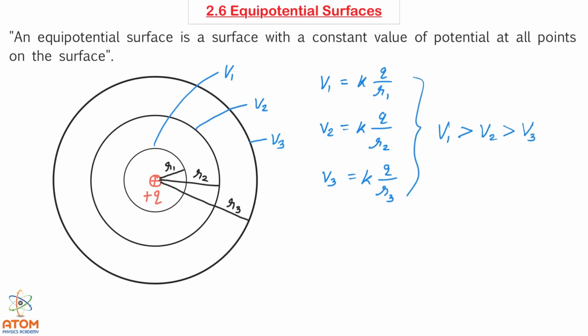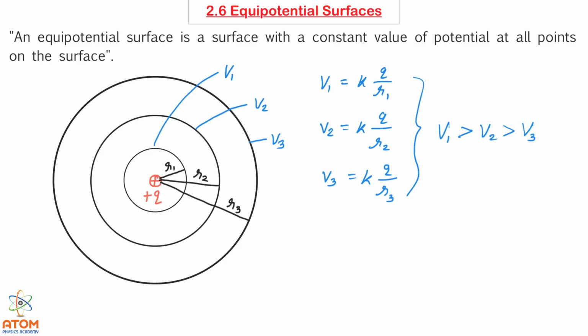Now I can draw even more spherical surfaces like this with higher radius. So in that way I can say there can be an infinite number of equipotential surfaces.